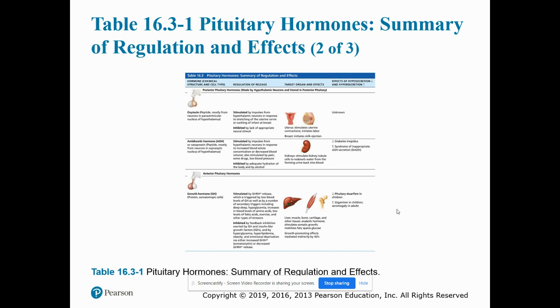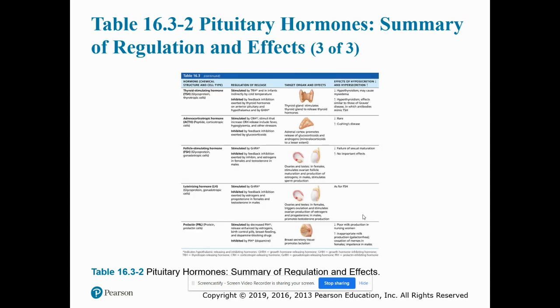And then it also goes into some of the effects of hypo and hypersecretion, which again is not going to be on the exam, however, could show up as a group wiki question, or it could show up as an extra credit question. And then it continues on: thyroid stimulating hormone, adrenocorticotropic hormone, follicle stimulating hormone, luteinizing hormone, and prolactin.